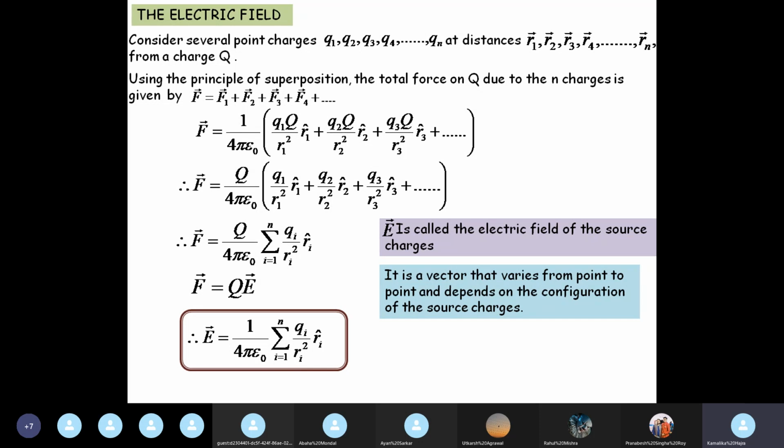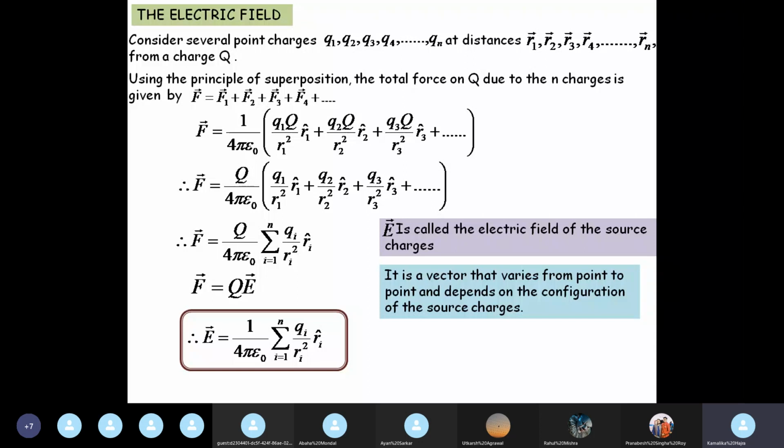You can see that since the different source charges have different position vectors, the electric field E is a vector that varies from point to point and depends on the configuration of the source charges. What do we mean by depends on the configuration of the source charges?